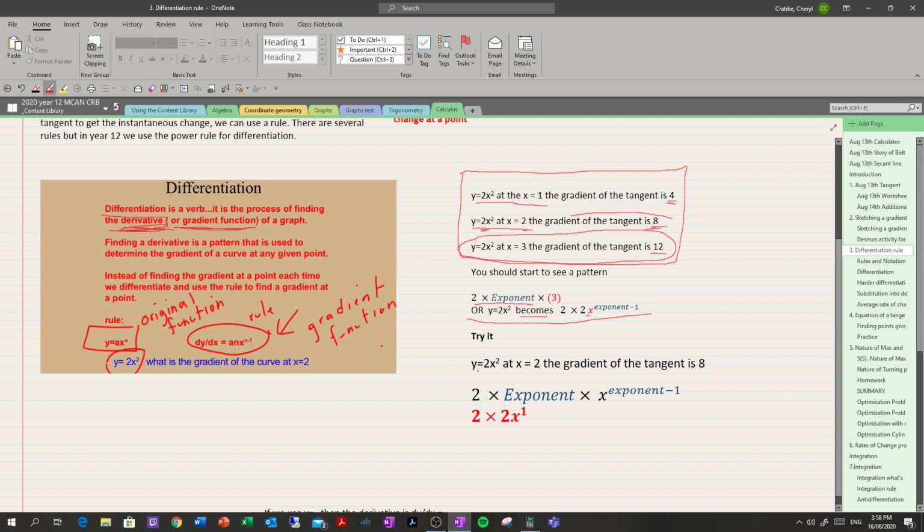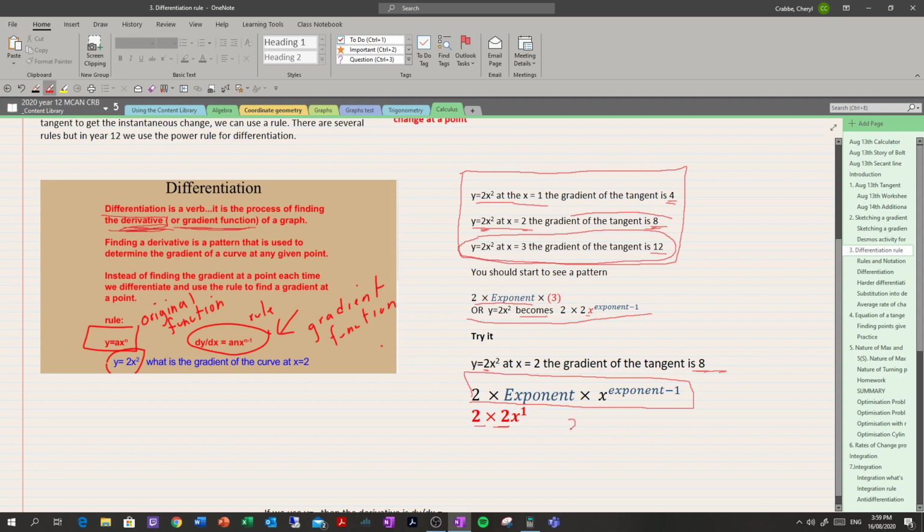So if you work it out, 2x squared at x is 2, we know the gradient is 8. What the rule is, we're taking the 2, and timesing it by the exponent, which in this case is 2. So 2 times 2 times x, whatever x is, but we're taking 1 off the exponent.